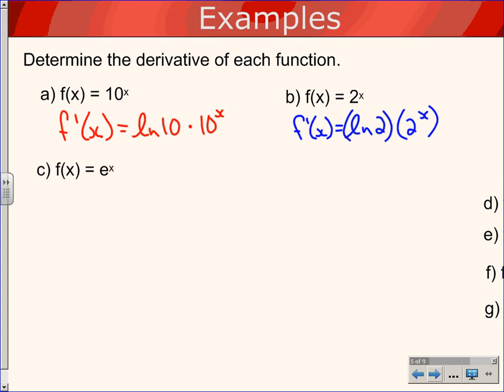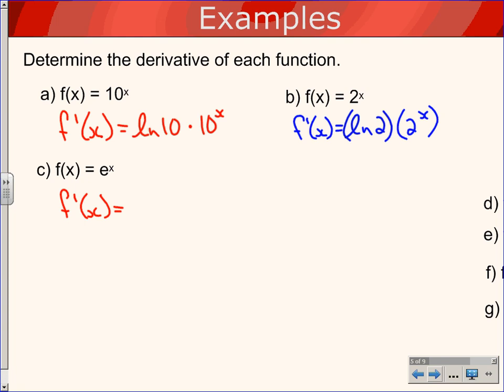And this is kind of a weird one to throw in, because we knew this one already, right? If f of x is e to the x, then we knew the derivative of that is e to the x again. That was the very first derivative we were able to do in this unit. What I want to show you is that if we use this rule, it still follows the pattern, it still works.